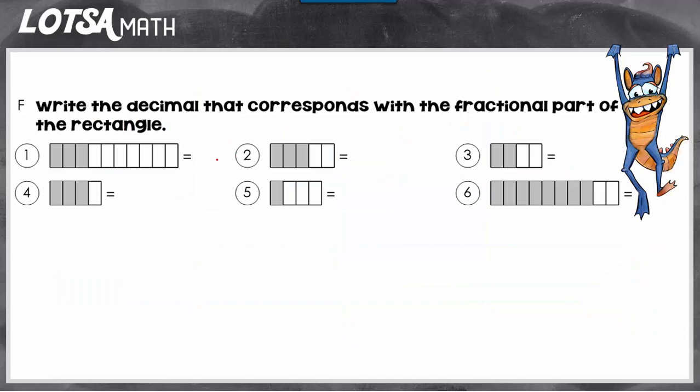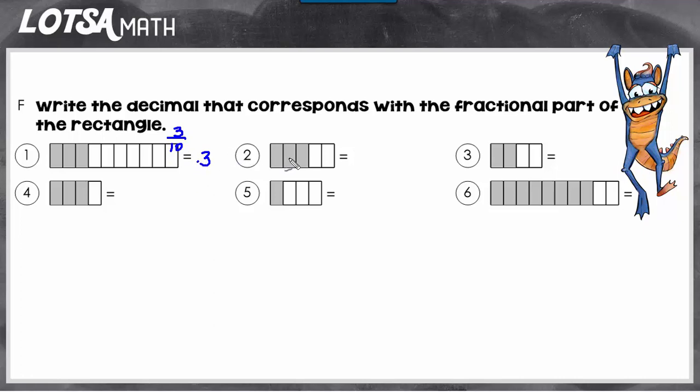Here we're going to write the decimal that corresponds with the fractional part. So on number 1, the first thing we need to do is count the fractional parts. We have 1, 2, 3, 4, 5, 6, 7, 8, 9, 10. So 3/10. 3/10 is very easy to write a decimal because decimals come in tenths. So in this case, you can just put 0.3.